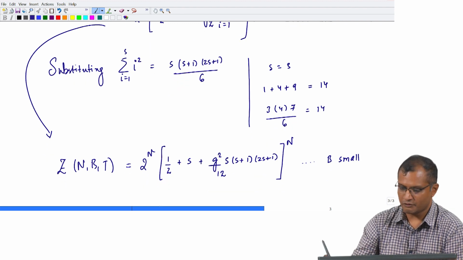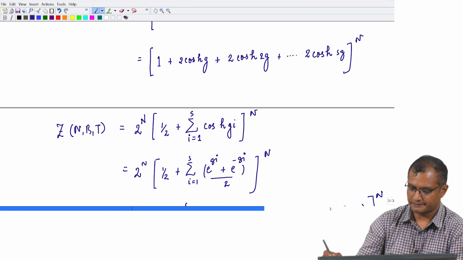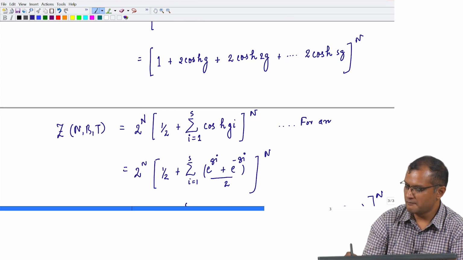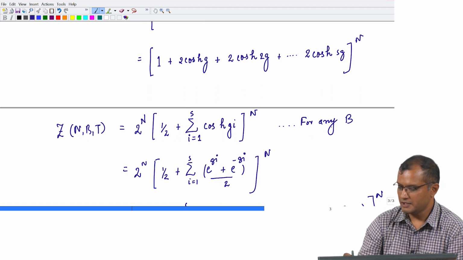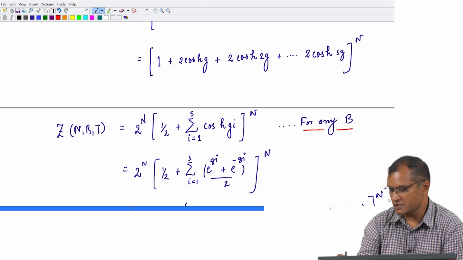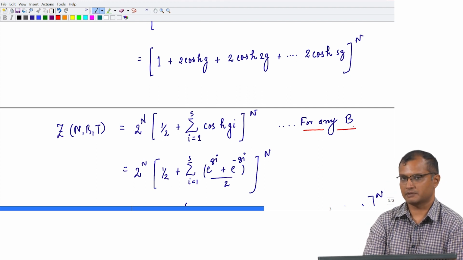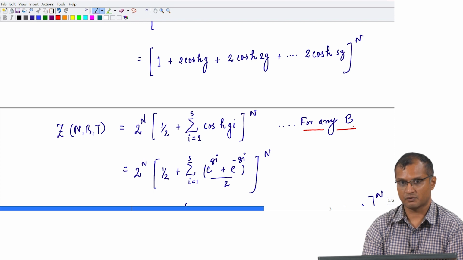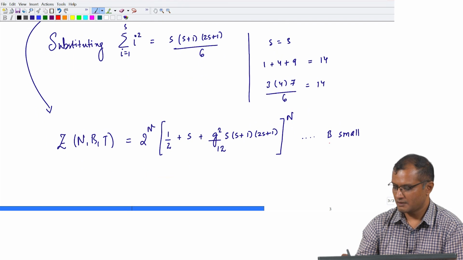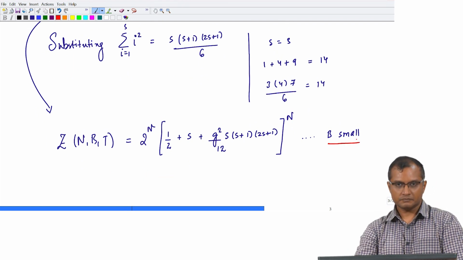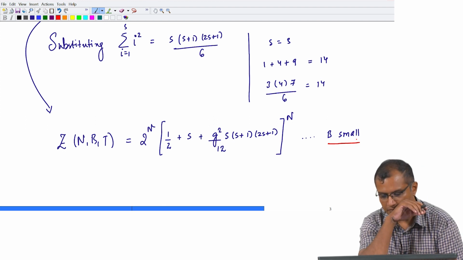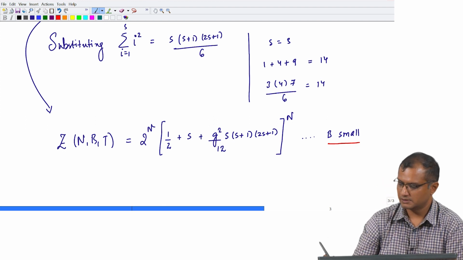Otherwise, you have to take the full partition function which is here. So if you have to write down the partition function for any field, then this is your expression. You can't use that approximation that I have used, but if you say okay, my magnetic field is small, then this is the approximation.